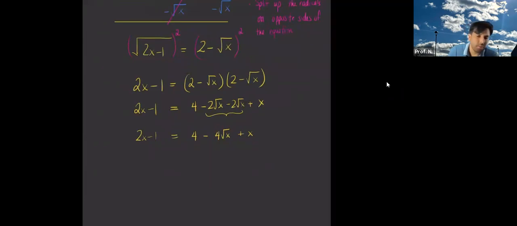So what else do I need to do now? So I need to exponentiate, right? Both sides by the appropriate exponent. And then after that, I need to do what? I need to isolate the remaining radical.